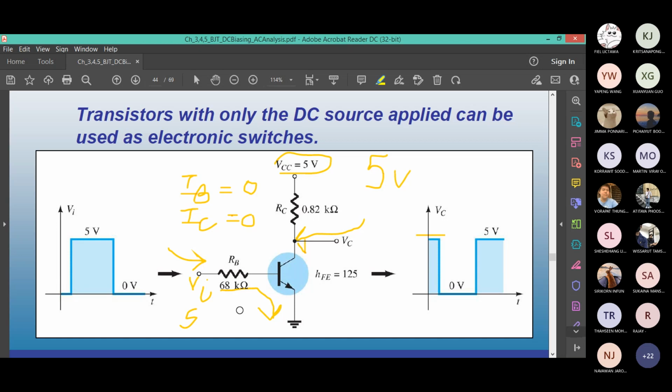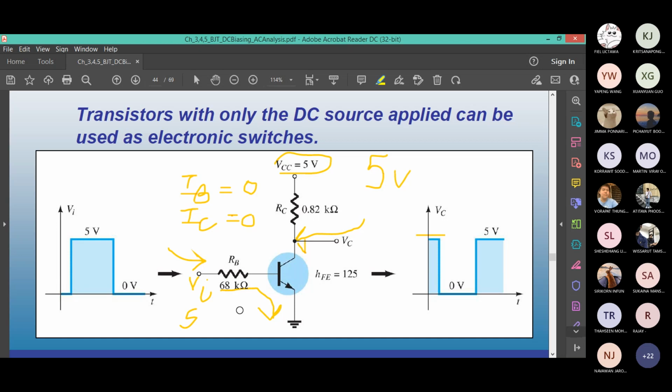IB is 63 microampere. Can everyone follow what I'm saying? Does everyone understand how IB is calculated now? Yes, sir. I guess so. 5 minus 0.7 divided by 68K, 63 microamp.